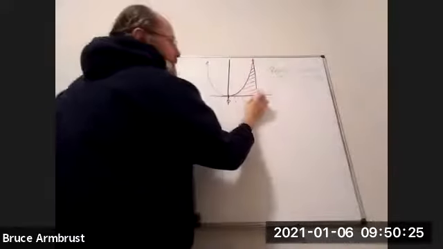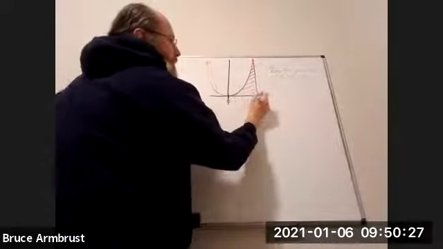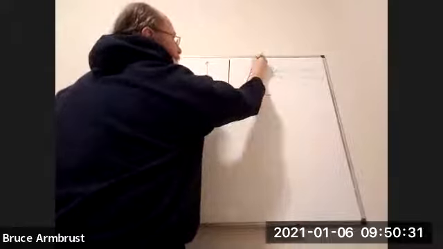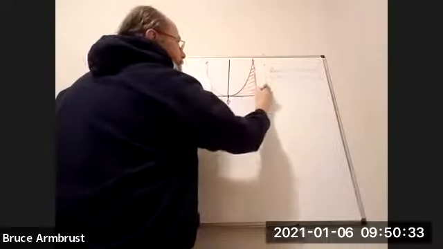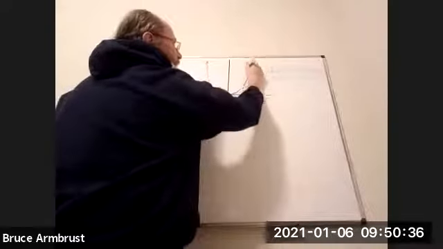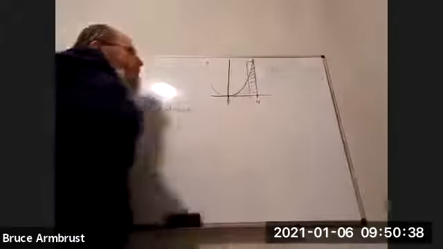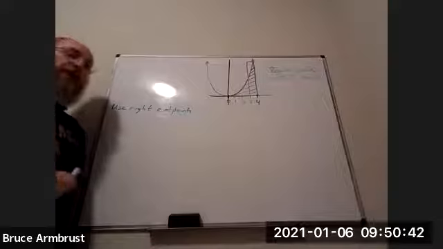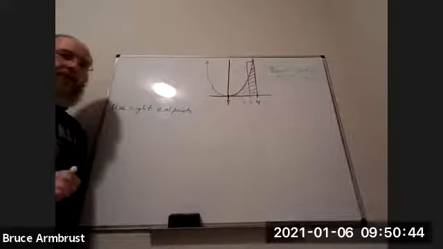All right, so look at this last one from 3 to 4. The right endpoint is 4, so we're going to run up to the function here at 4 and use that as the height of my rectangle. So the height of the rectangle for that little subinterval, I'm going to use the right endpoint.